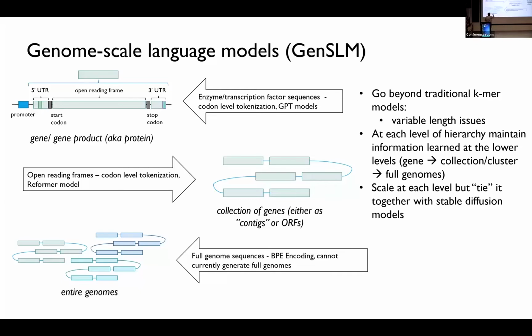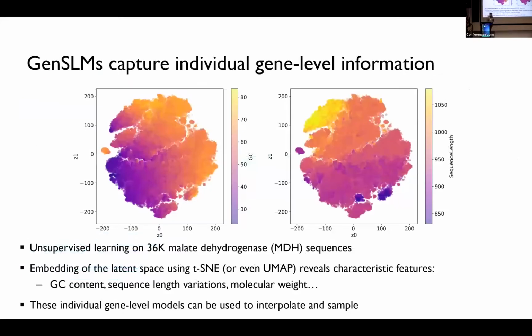And we'll see whether these actually work on individual open reading frames very shortly. And then when you have a collection of genomes or a collection of genes that you want to look at, you still can use the codon level tokenization, but you need to do some more build up on the hierarchy so you can capture the ordering correctly. And then if you want to do it on entire genomes, this is going to be harder. And I'm not going to talk about this, even though we have some work in progress about this stuff, right?